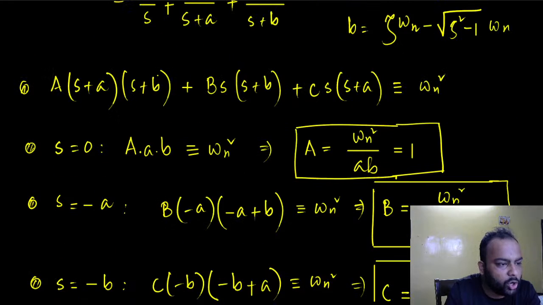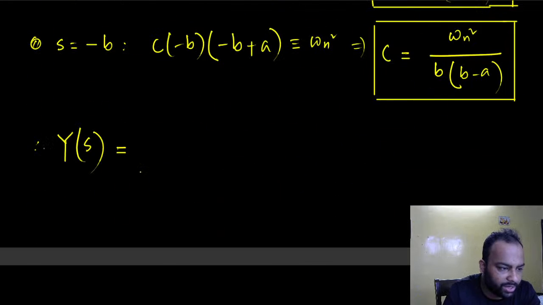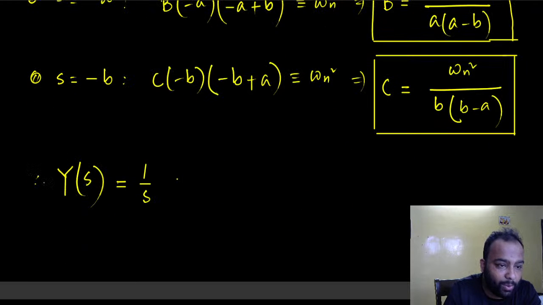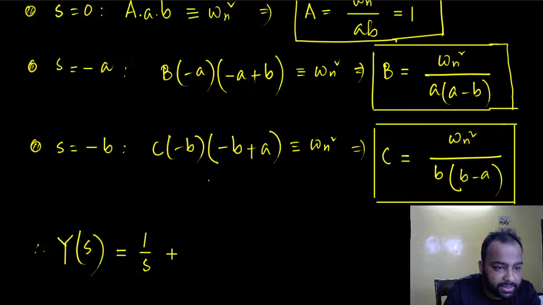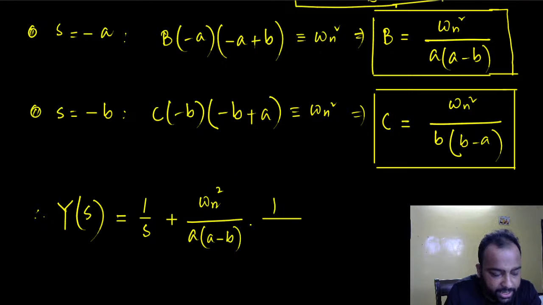So this is going to be A by S. Now what is A? A is equal to 1. So that's going to be 1 by S, plus B by S plus A. What is B? B is omega n square divided by A times A minus B, and this whole thing is the constant.